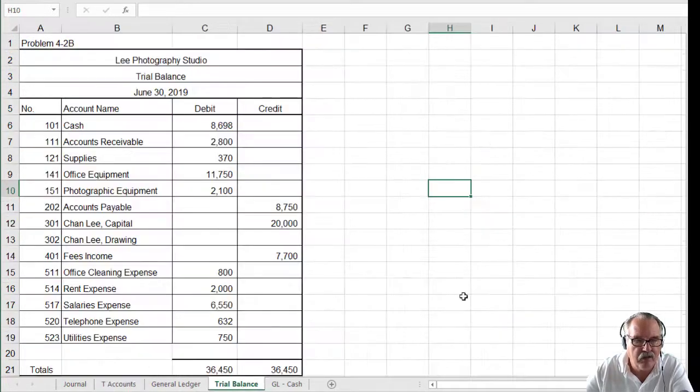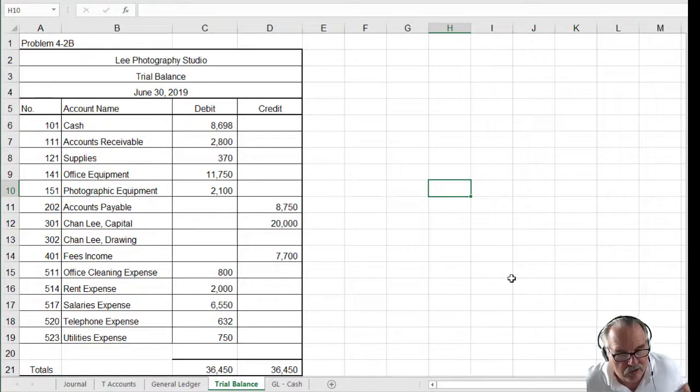And the trial balance will look like this. And when I add up all the debits and all the credits, $36,450 is the ending balance in all the accounts, and my balances all balance. In other words, debits equal credits.